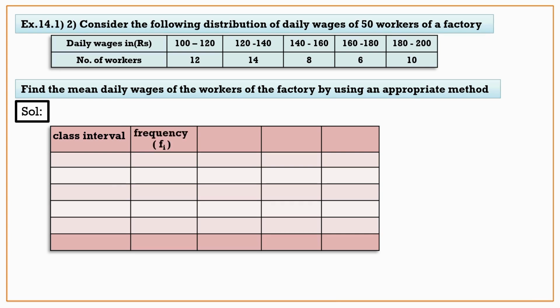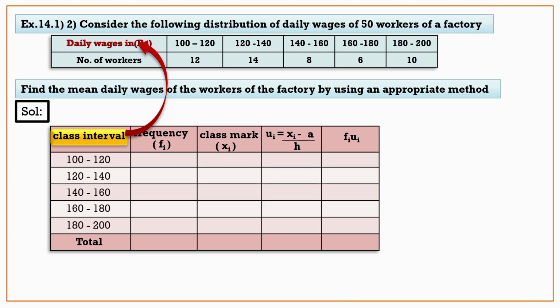Now, class interval, frequency fi, class mark xi, and here is a new term, that is ui. Earlier we learned about d, that is xi minus a. So ui is basically di by h, that is the deviation by class width. Then finally we need to calculate fi ui.